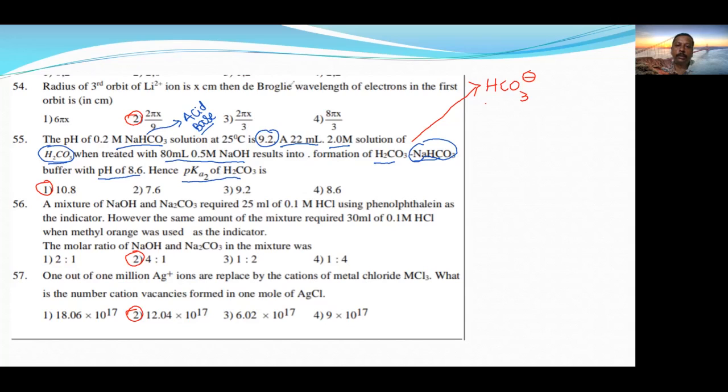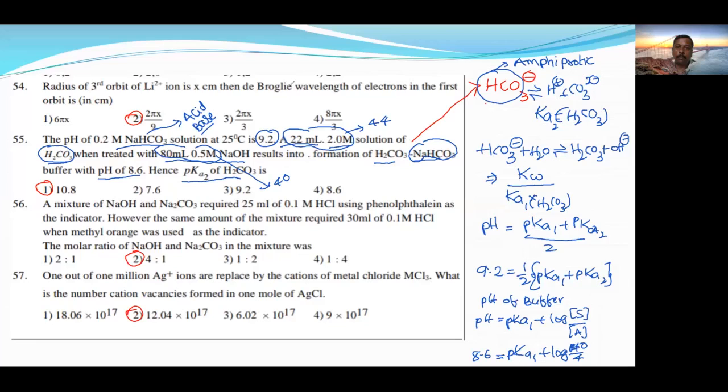Let's see how. Here HCO3 minus is an amphiprotic salt, so irrespective of the concentration, pH is equal to pKa1 plus pKa2 by 2.